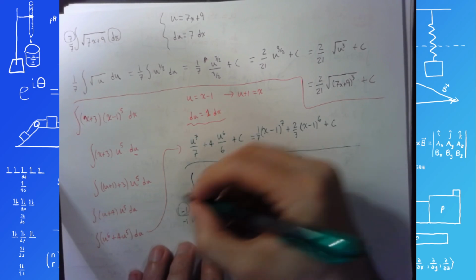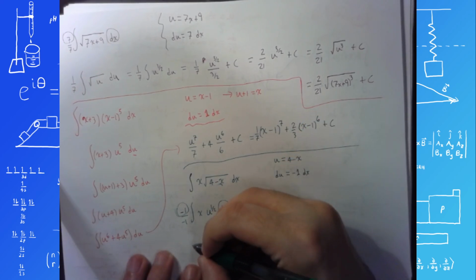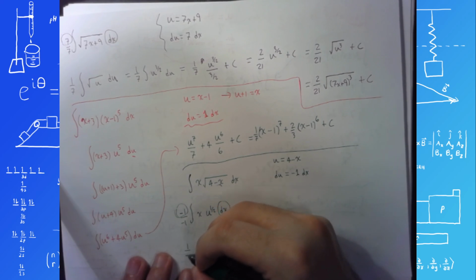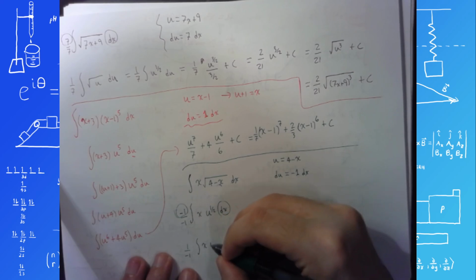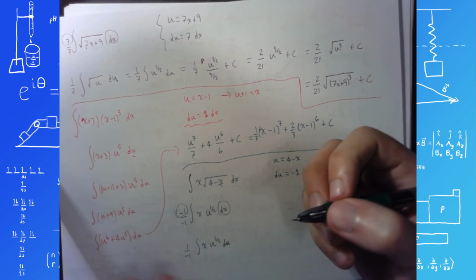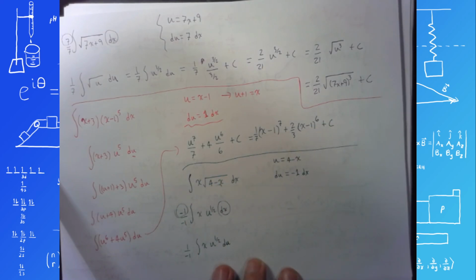And then I can take this negative 1 dx and replace it with a du. So I get 1 over negative 1 is left. And then integral x u to the 1/2 du. Took away the negative 1 in the dx.